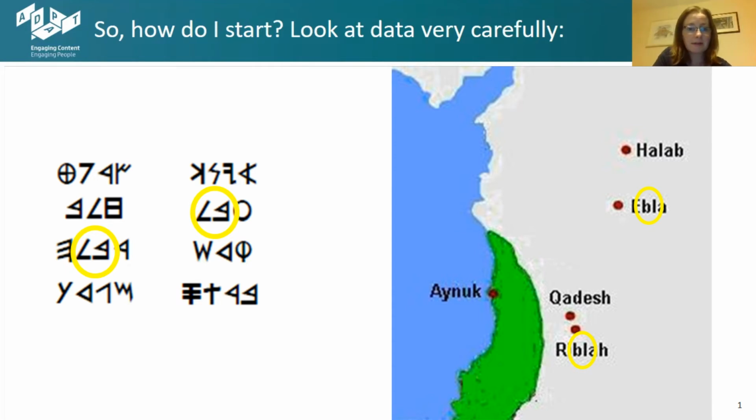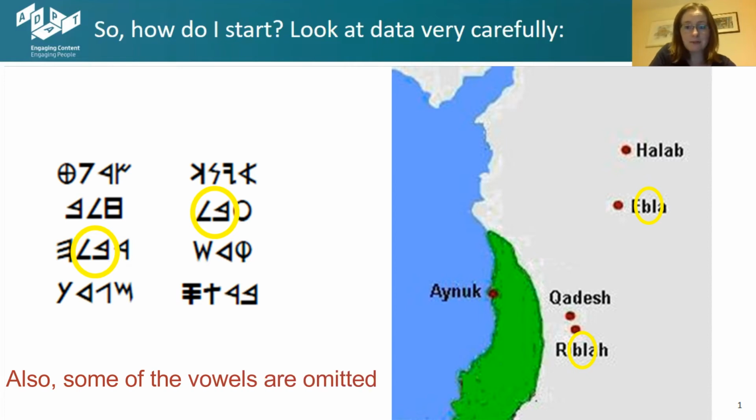In the Phoenician, we've got these characters, which I'm going to call kind of like an L and a Gulf flag, that repeat twice. So we can assume one of those is Ebla and one is Ribla. It's an assumption at this point, and we can write it down.